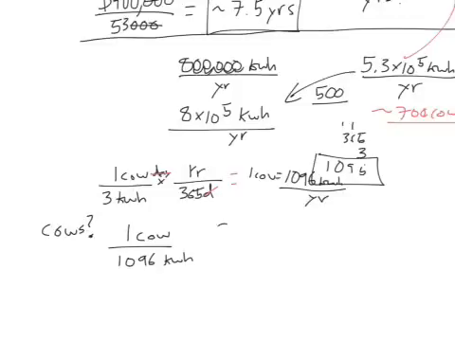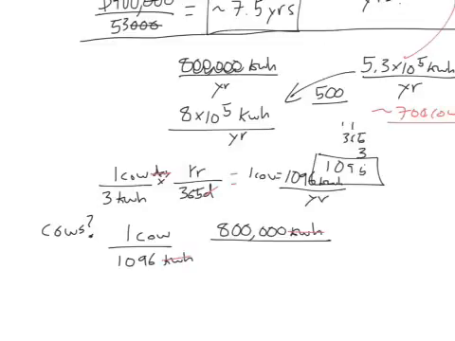So I've got to put my 800,000 kilowatt hours on top so that I can cancel out kilowatt hours. Okay, so now I need to know how many times 1,096 goes into 800,000.